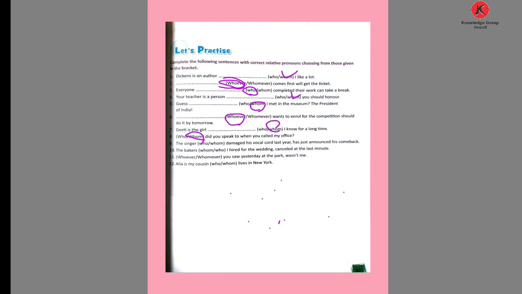Whom did you speak to when you called my office? Now comes to 9. The singer blank damaged his vocal cord last year. He has just announced his comeback. So the singer who damaged his vocal cord last year. So what comes? Who.